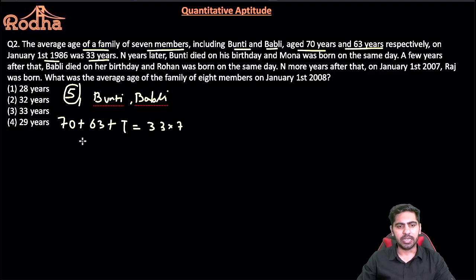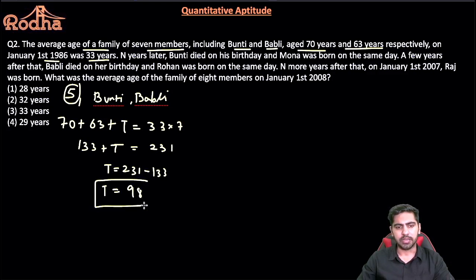So from here I get 70 plus 63 is 133, plus T is equal to 7 into 33. 7 into 30 is 210, and 3 into 7 is 21, so 231, I believe, right? So the value of T is 231 minus 133, which gives me 98. So the total age of the remaining 5 members is 98, right?